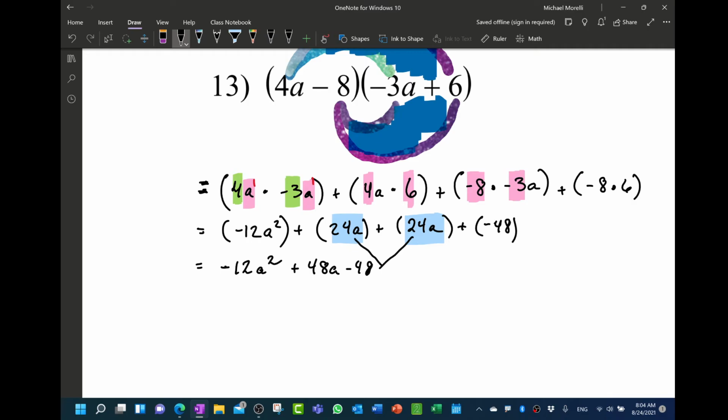So put parentheses around the entire expression, and then just put line, line, line, negative 12, negative 12, negative 12. We're going to pull a negative 12 out. So we're going to pull that guy out like this. Okay. It's like reverse distribution.